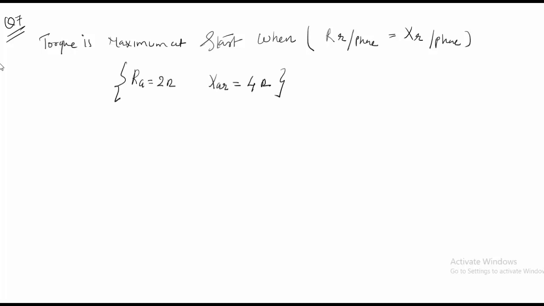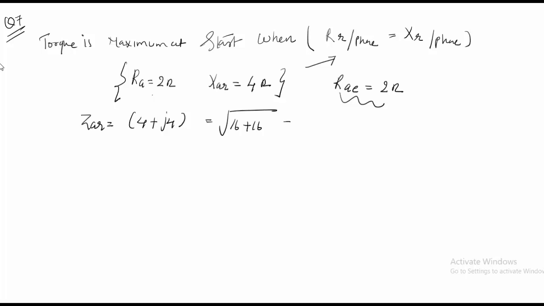So these were the two details which you had, and now considering this, if you are adding an external resistance RAE equal to 2 ohm, then my total impedance Z2 will become equal to 4 plus j4, which is equal to the square root of 16 plus 16, which will come close to 5.65 ohms.